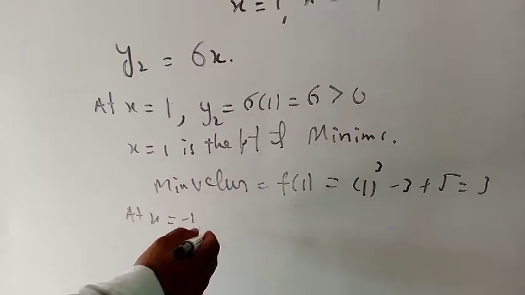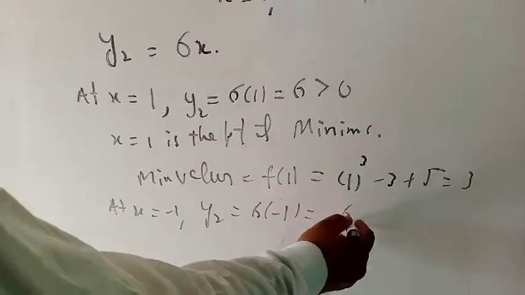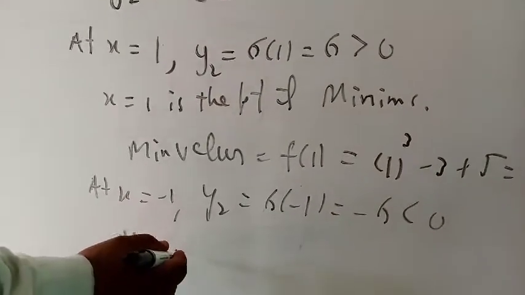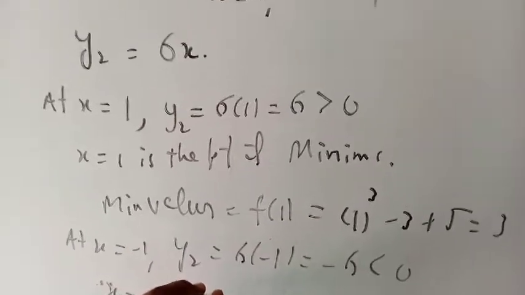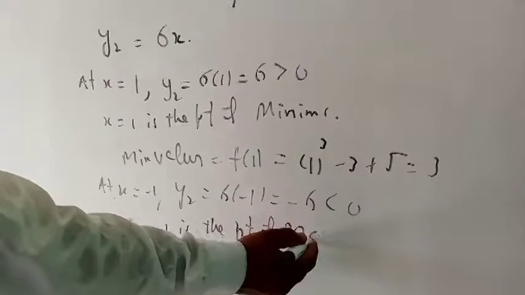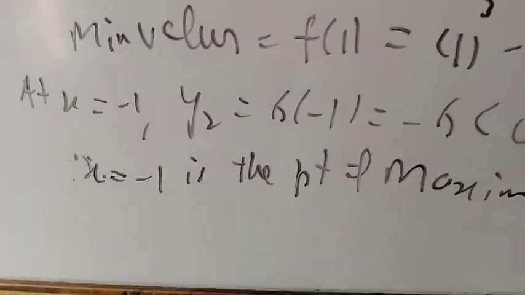Now x is equal to minus 1. You see here, the second derivative behavior is like this, and it will become minus 6, less than 0. This will become a maximum. x is equal to minus 1 is the point of maximum, and how will you get the maximum value?